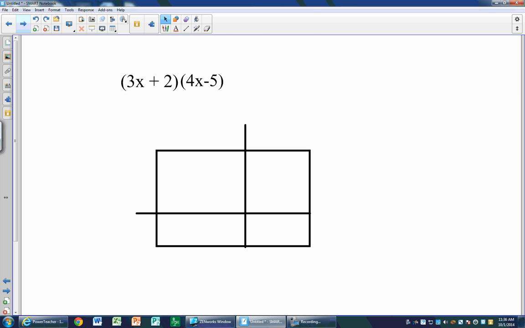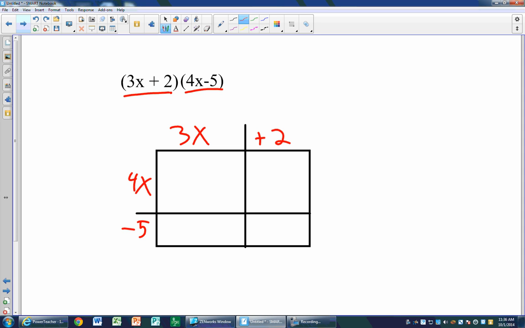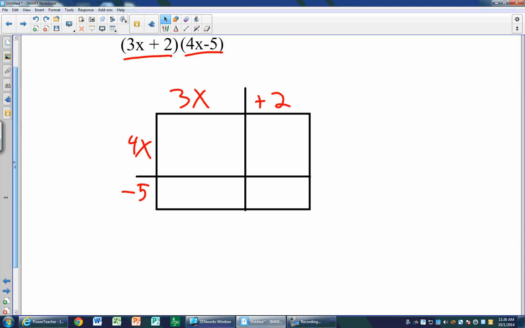In the area model, what you do is you take the first set of terms and write it on the top of a rectangle. The second set of terms, write it on the side of the rectangle. Now what we notice here with a rectangle is that the area is length times width.